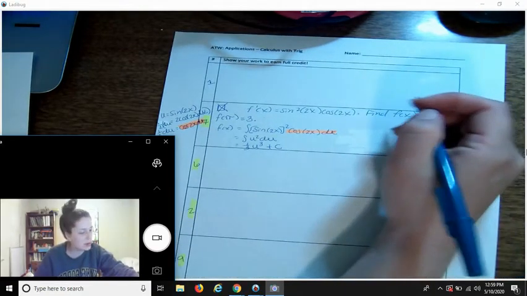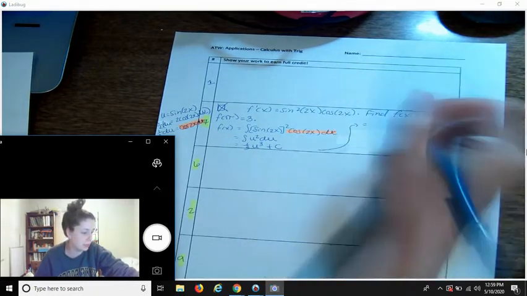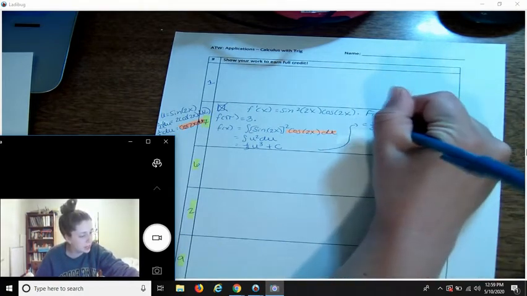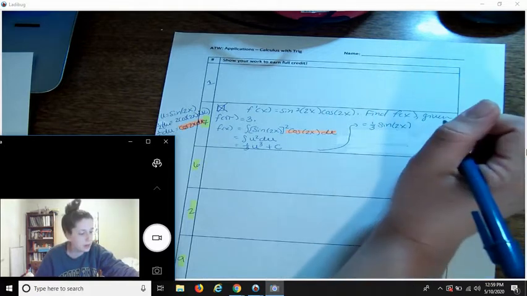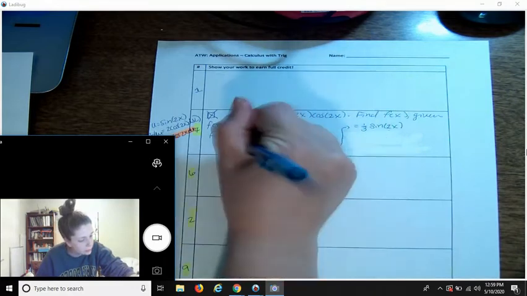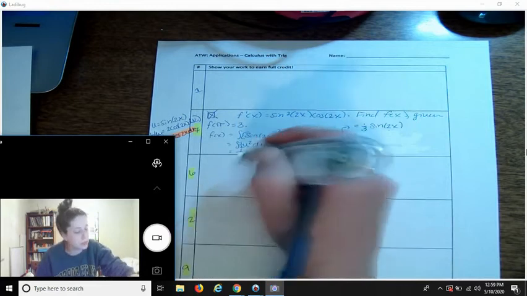So now we want to sub u back in. So I'm going to have 1/3. My u was sine of 2x. And then, oh shoot, I forgot my 1/2 right here. 1/2. So that means that when I put my 1/3 there, it becomes 1/6.